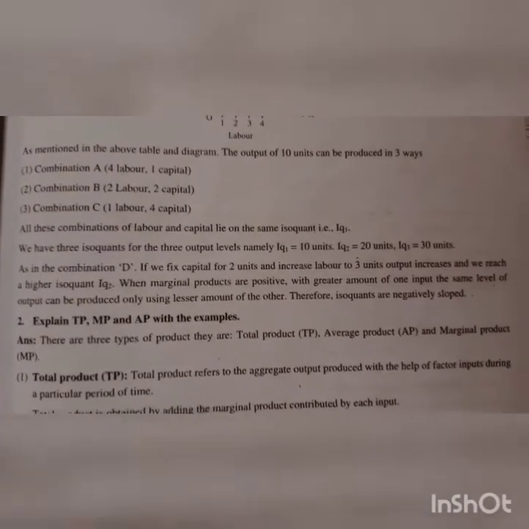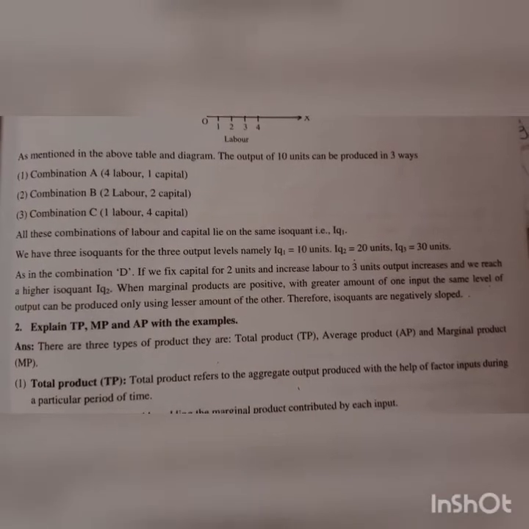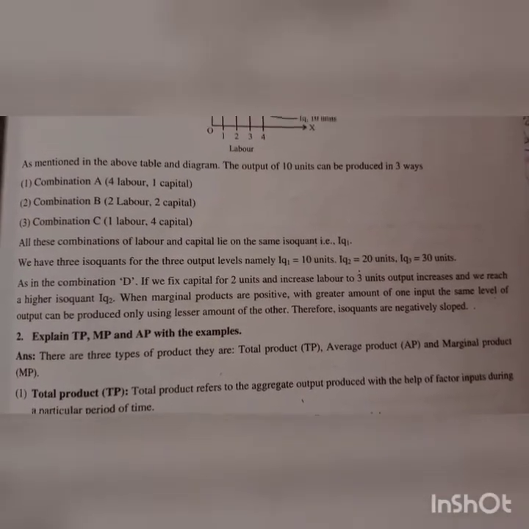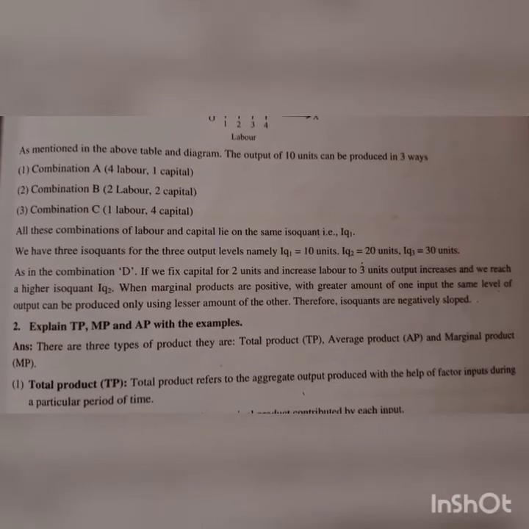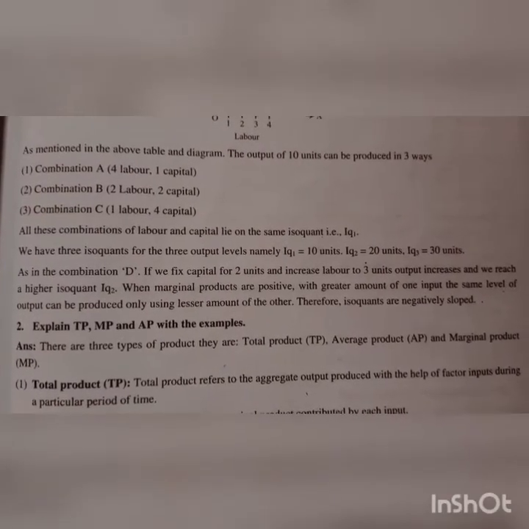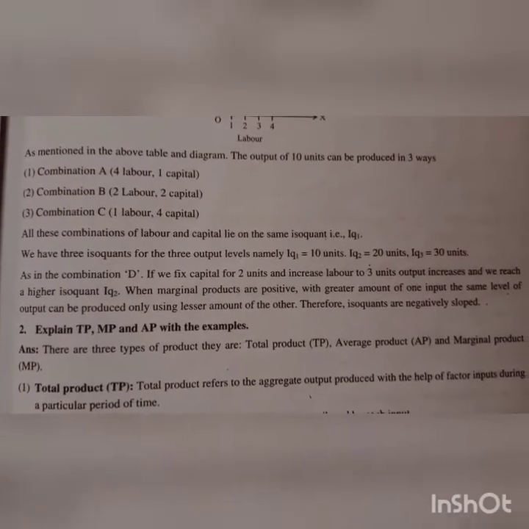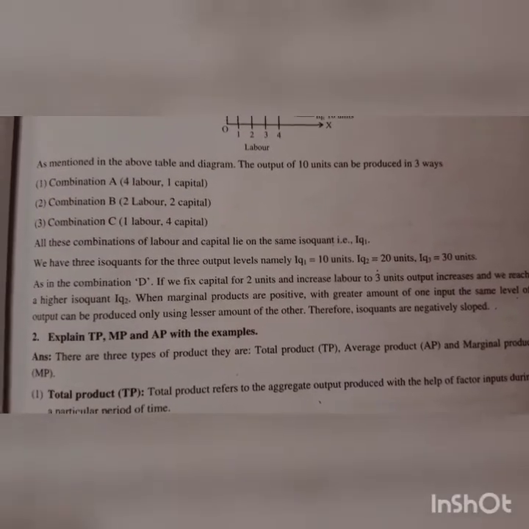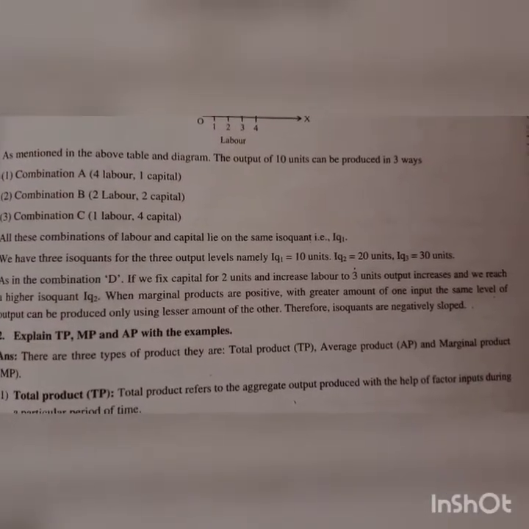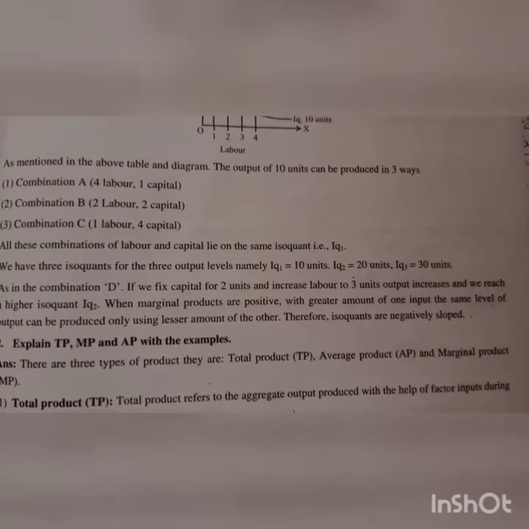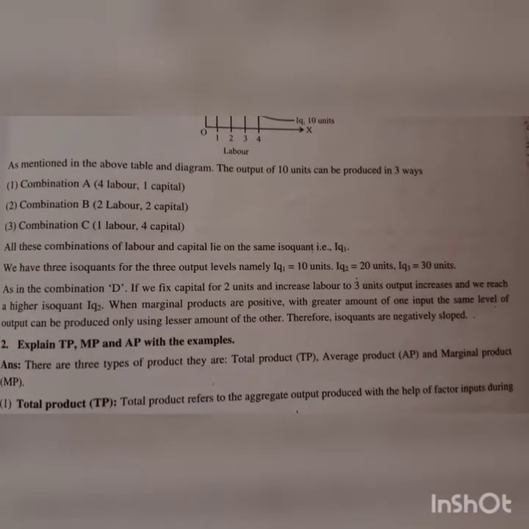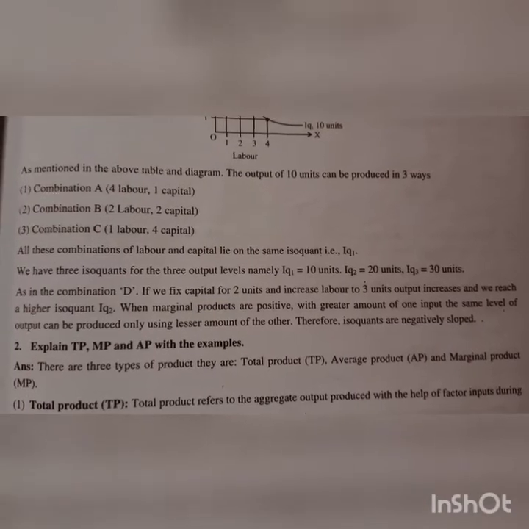When marginal products are positive, with a greater amount of one input, the same level of output can be produced using a lesser amount of the other. Here the greater amount of input is labor, right?